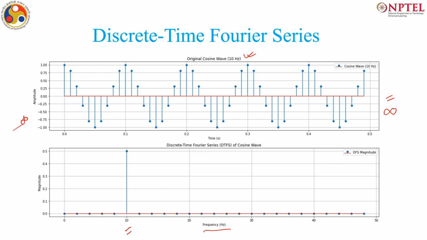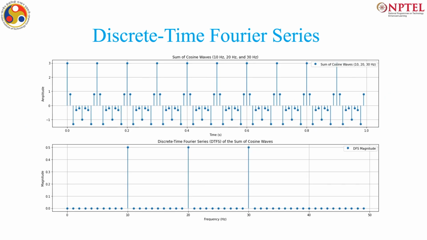The amplitude will typically be 0.5, which is half, because you have one component at 10 and one component at negative 10. Suppose we have a sum of three cosines, at 10, 20 and 30. If you do the discrete time Fourier series, you get the three components back. Again, I am plotting it back to the original analog frequency domain.